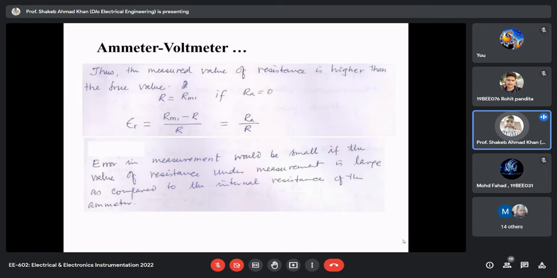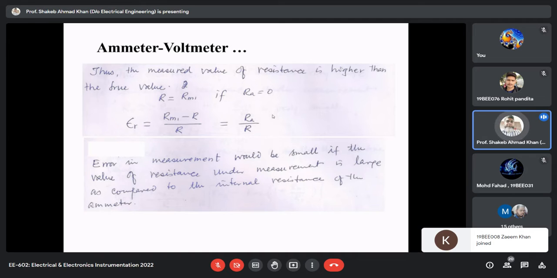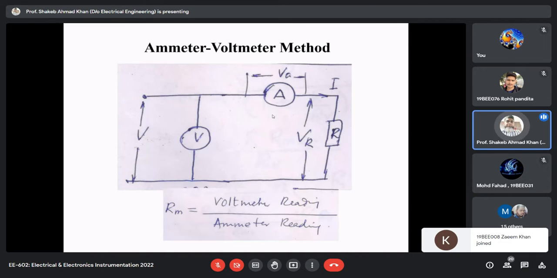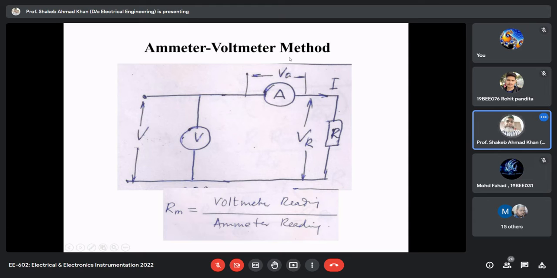And this deviation we are able to express with a formula: the relative error is the ammeter resistance divided by the unknown resistance. In this case, the major issue is the voltage drop across the ammeter, and this voltage drop is counted in the voltmeter.